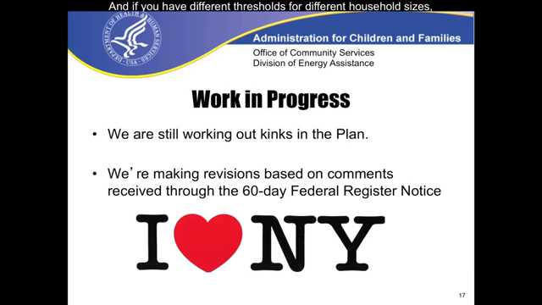And if you have different thresholds for different household sizes, because depending on your state, 60% median income might be greater for larger households than the federal poverty level, you'll just have to go through and pick the household size and what income threshold applies to that household size.